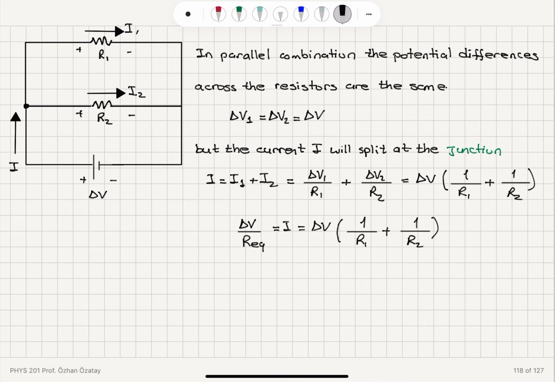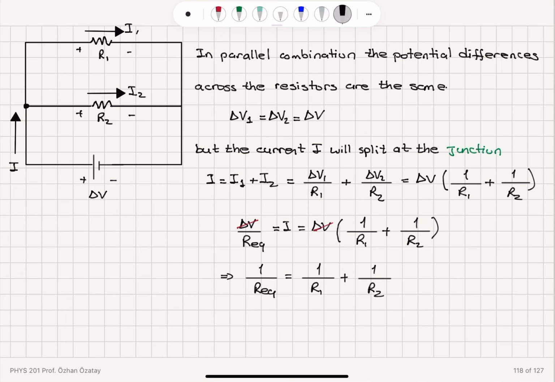So you can see that delta V's will cancel here, and so I will be left with the following equation: 1 over R equivalent is 1 over R1 plus 1 over R2.